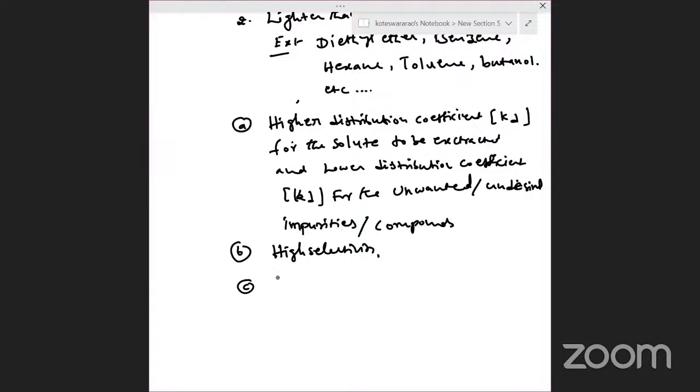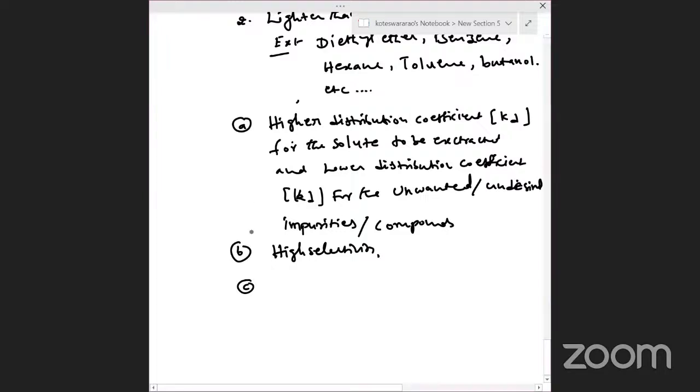Whenever we are going to extract, we need to add another solvent. That solvent should not dissolve at any cost. In some cases it may be permissible to be partially soluble, or a lower amount of solvent may be able to dissolve. That is permissible, but not in all cases. But always the chemist's priority is that it should not be dissolved, that it should not be miscible.